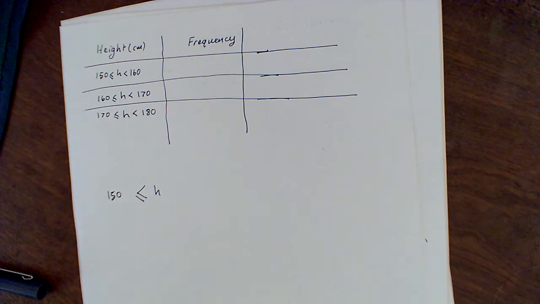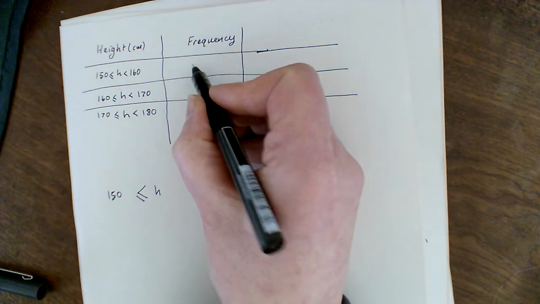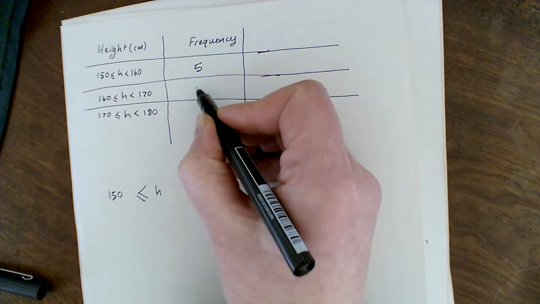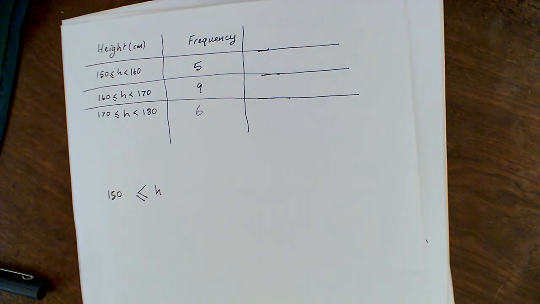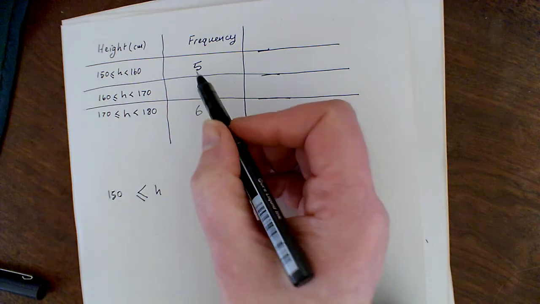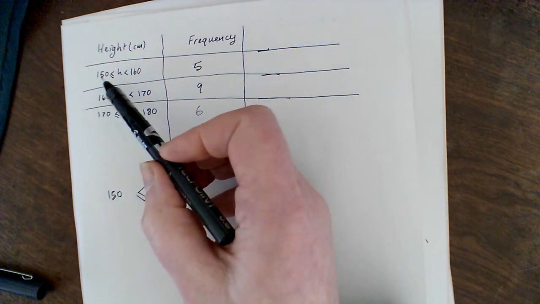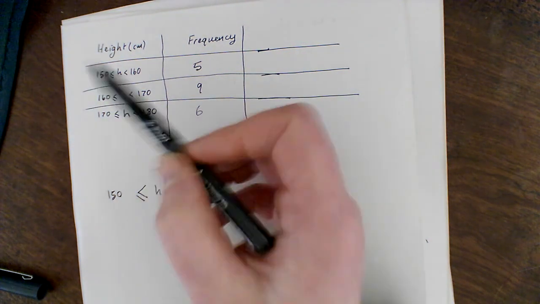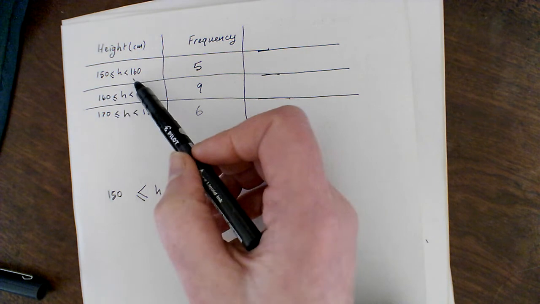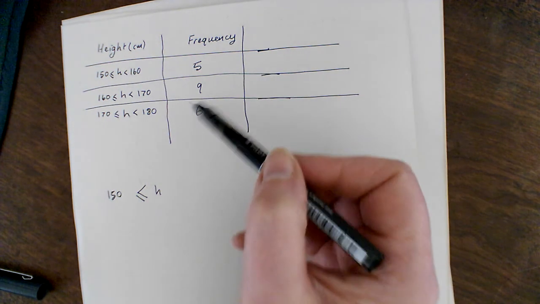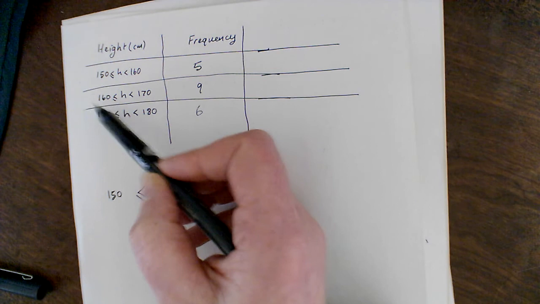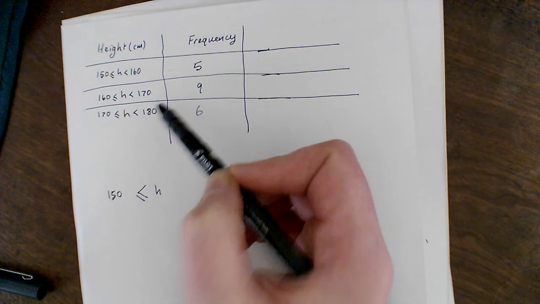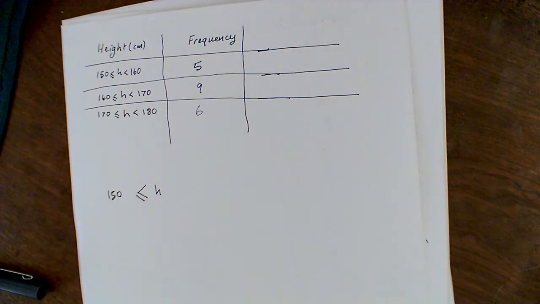So you get grouped frequency tables, and you can fill them in: 5, 9, 6. So in this particular group of people, there were 5 people who were between 150, including 150 itself, and 160 centimetres. There were 9 people who were between 160, including 160 itself, and 170 centimetres.